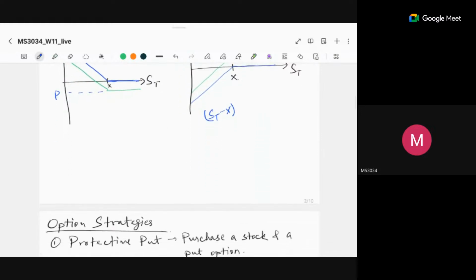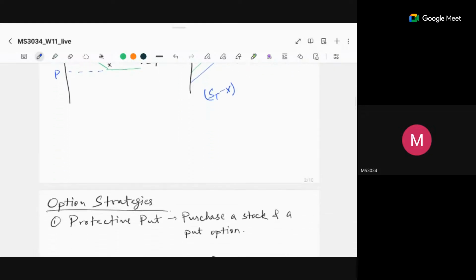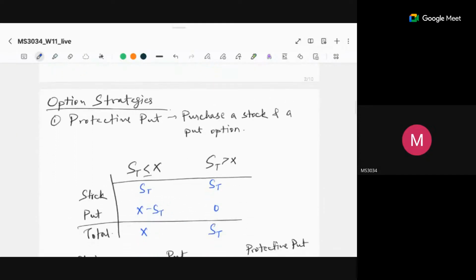Okay, now using these payoff diagrams we will delve into some option strategies. In order to manage the risk in my portfolio, how can we use options to manage the exposure towards any type of risk?